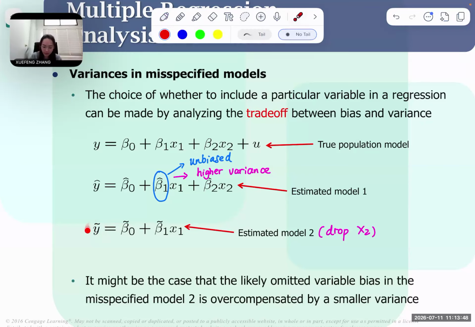Here I'm going to use tilde: y tilde equals beta 0 tilde plus beta 1 tilde x1. So here we drop x2. In this case, if x2 actually matters and is correlated with x1, beta 1 tilde is biased.